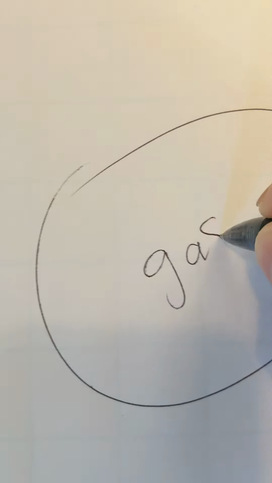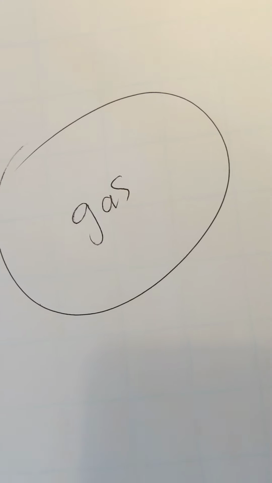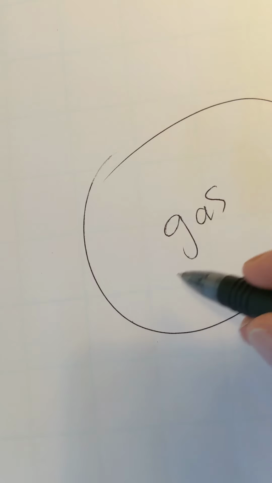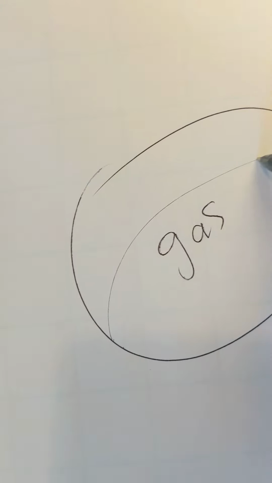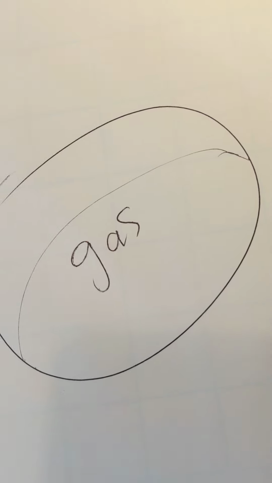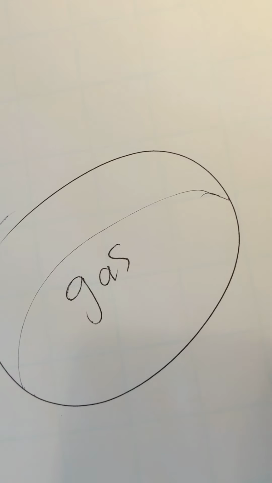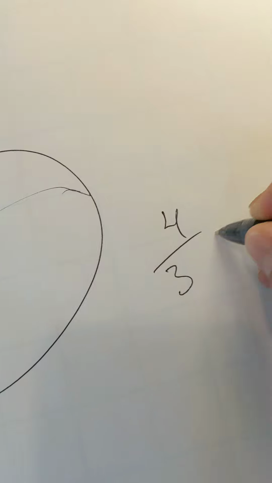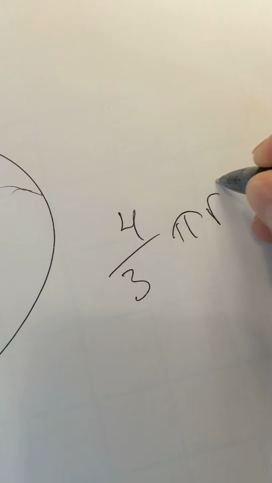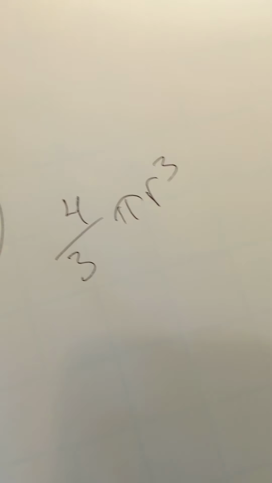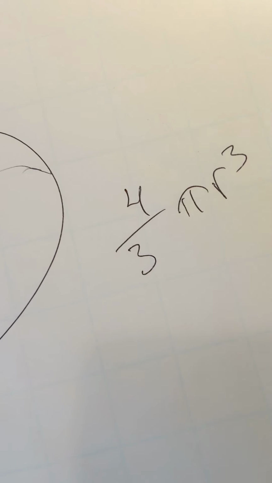So I just imagined that the gas will be a cloud of gas in the shape of a sphere. I need to find the volume of the sphere, because you have to think of it as a basketball rather than a circle. So it'll be 4/3 pi r cubed.